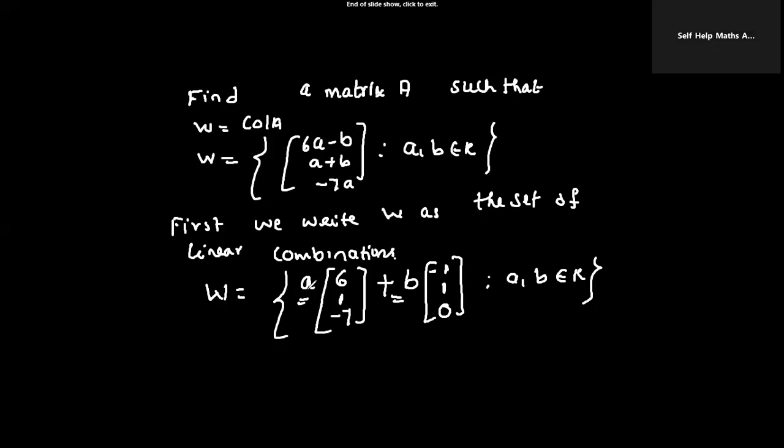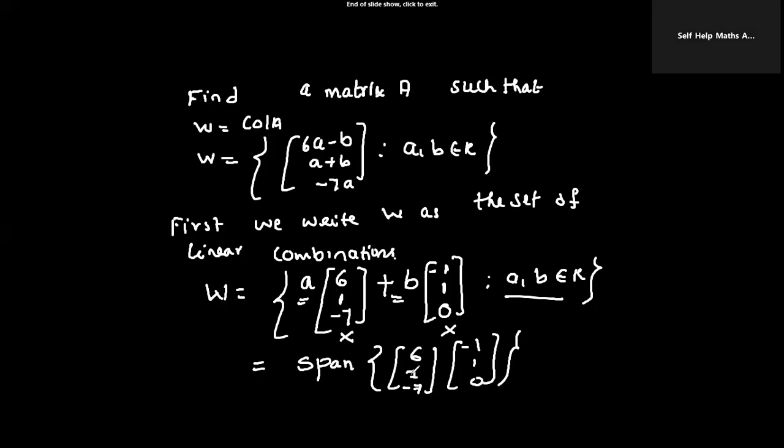If I change a as 1, b as 1, I get one linear combination; a as -1, b as -1, or b as 3, and so on, because a and b are any real numbers. So this is the set of all possible linear combinations of these vectors, which is nothing but the span of these vectors: (6, 1, -7) and (-1, 1, 0). So this is the span of these two vectors.